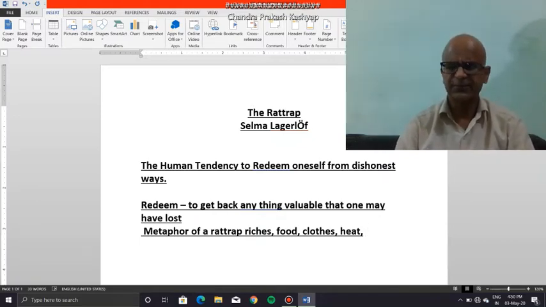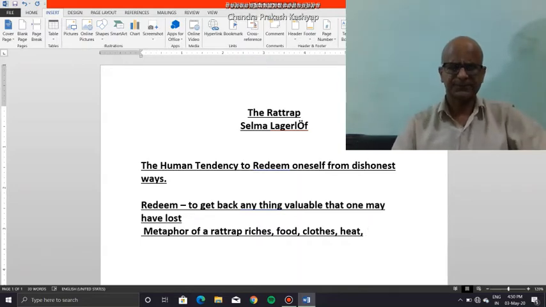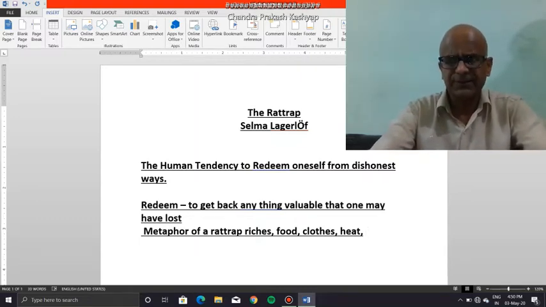The world has all these things, and what a trap would be for one depends on where one sits on the social hierarchy. For a beggar, food, wealth, money, heat, house or home would be a trap. And he would want to have that anyhow, because he doesn't have that.